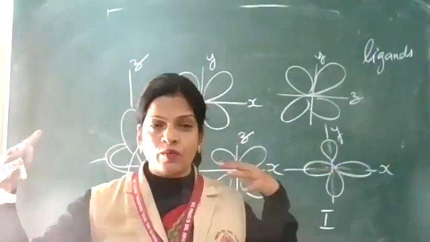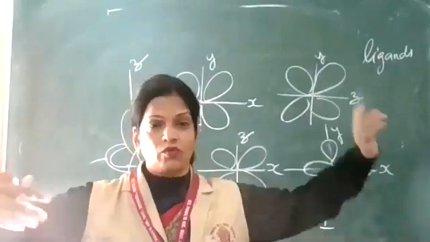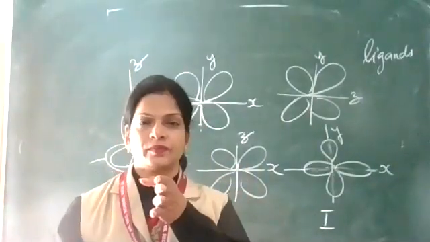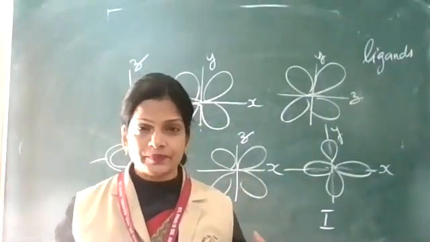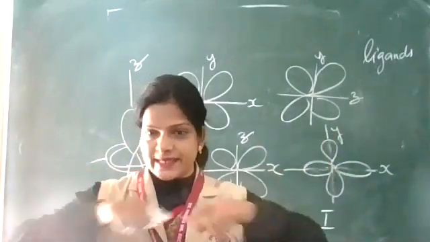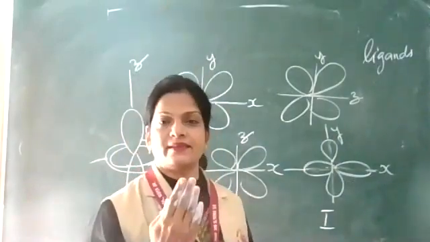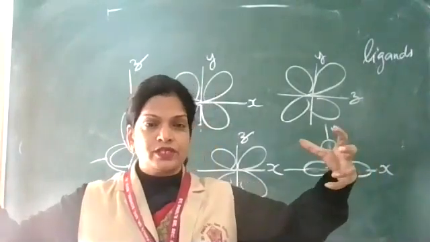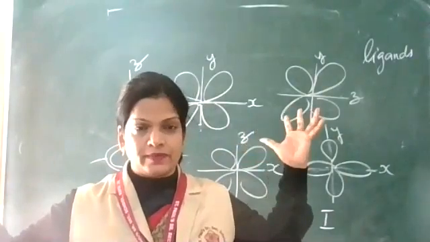Suppose 6 are coming from outside: one from here, one from here, from top, from bottom, from that side, from this side, just like an octahedral arrangement. If they are coming along the x-axis, y-axis, z-axis, they are approaching this d block metal atom.